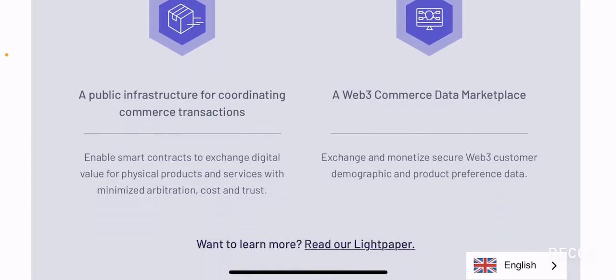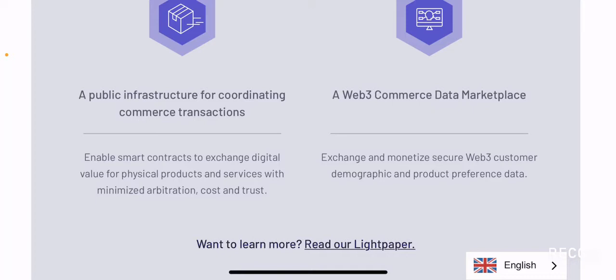So enable smart contracts to exchange digital value for physical products and services with minimized arbitration, cost, and trust, right? Again, this is one of the most key features for Boson Protocol. You can use smart contracts from the Boson Protocol platform to exchange digital value for physical products.